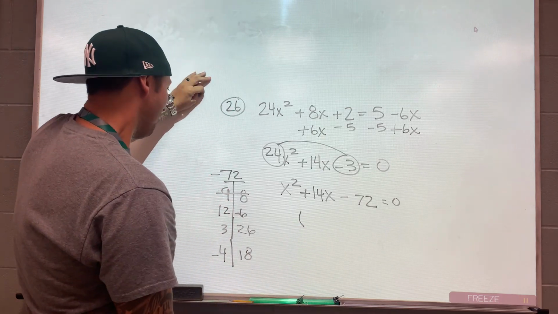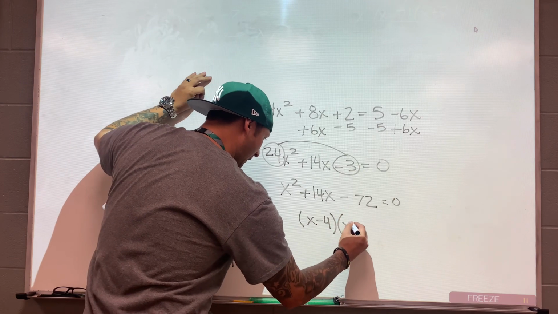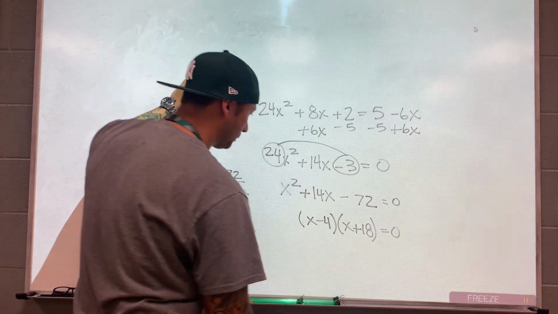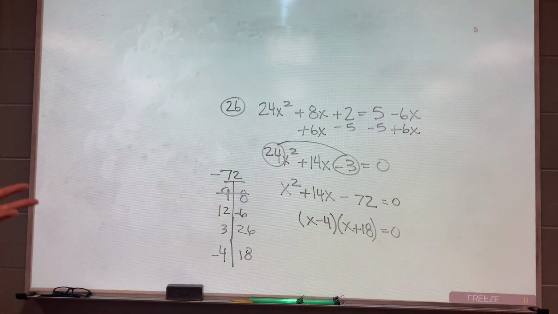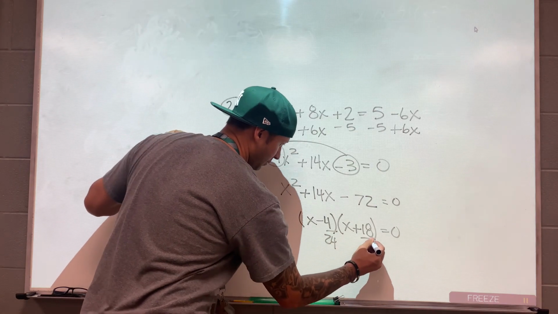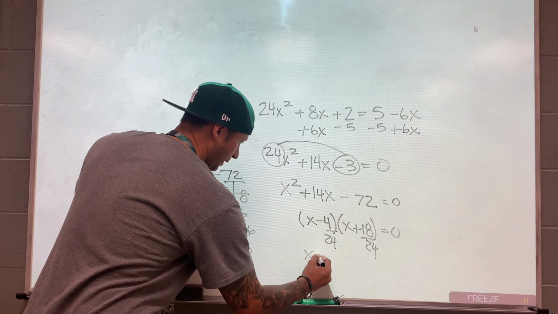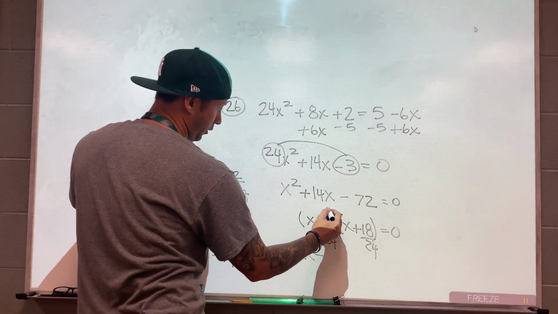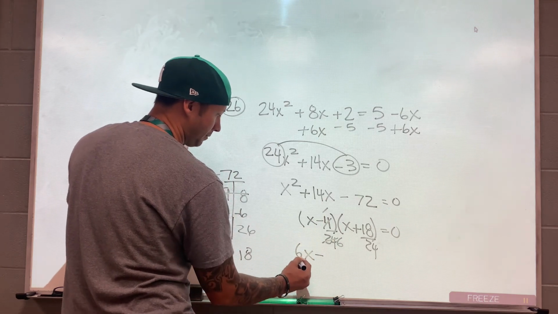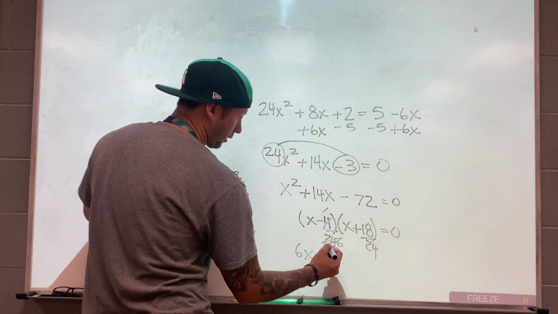All right. x minus 4, x plus 18 equals 0. We got to divide a 24 out. So this is going to be, so this is 4 goes into 4 once. Here's 6. I know that 6 is going to come up. And so it's a 1.